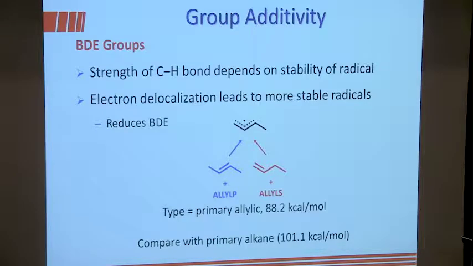And once you get that resonantly stabilized structure, it's long-lived, and it makes it easier to form that structure. It's way easier than a typical primary hydrogen atom, by, what is it, 13 kilocalories per mole. Lower, easier to abstract.